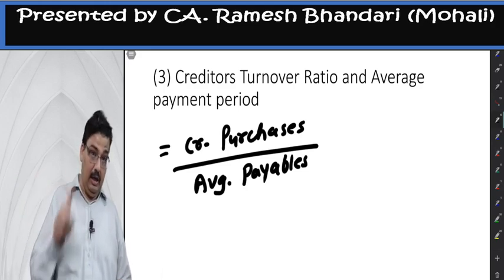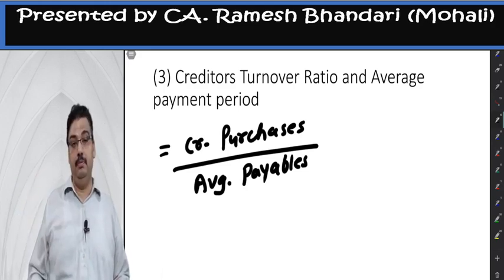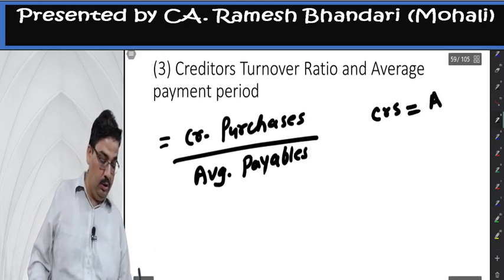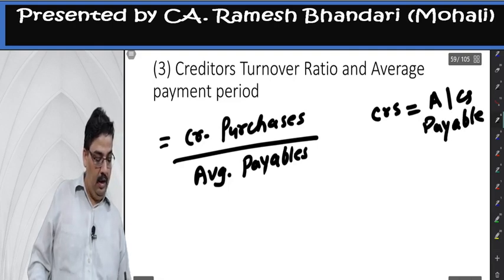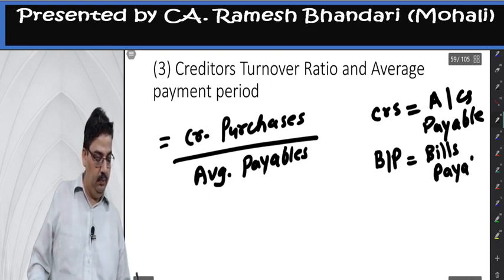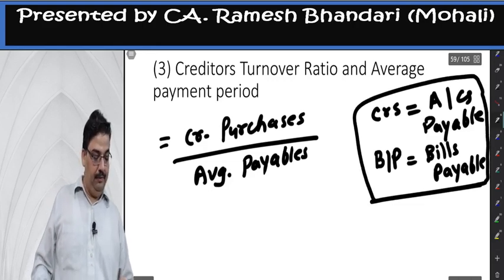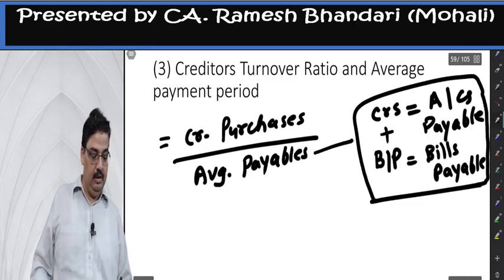Here payables include creditors, accounts payable, and BP, bills payable. Both are included in the denominator of this ratio. Creditors plus BP is payables.